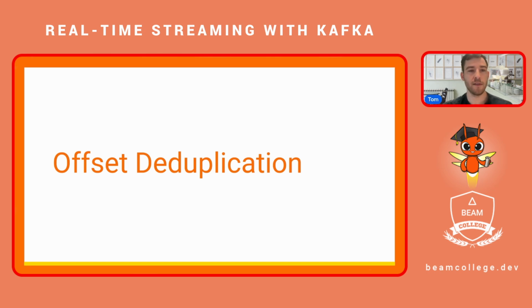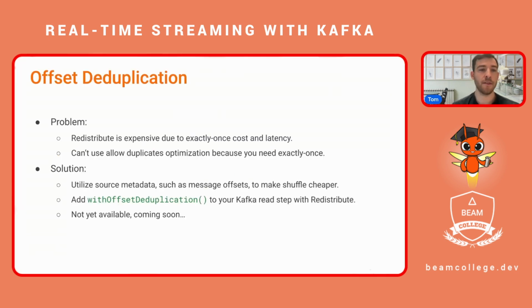Now, we're going to discuss the Kafka offset deduplication, which is an upcoming improvement to Kafka reads with Apache Beam. Offset deduplication addresses a key challenge. The redistribute transform, while effective, can be expensive due to latency and costs associated with exactly once processing overheads.